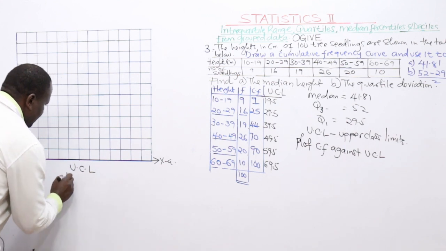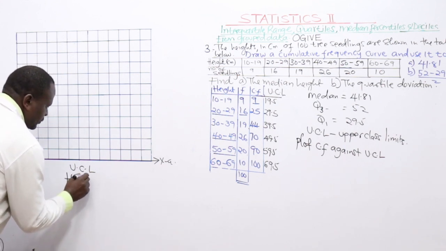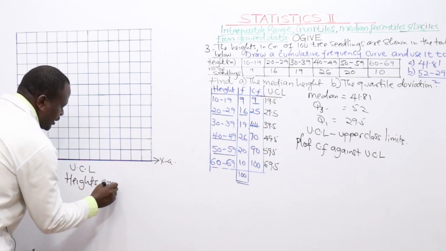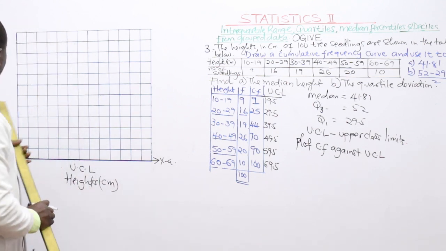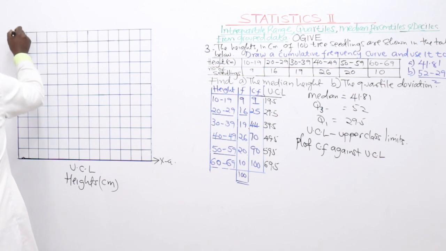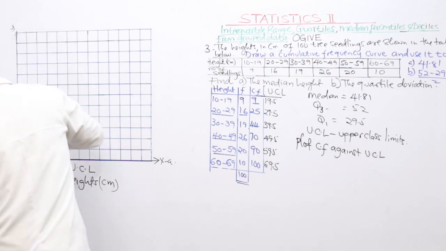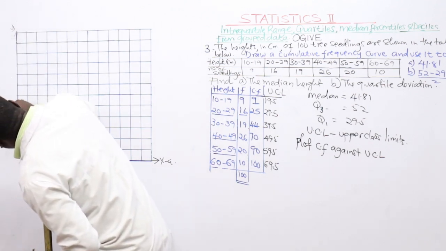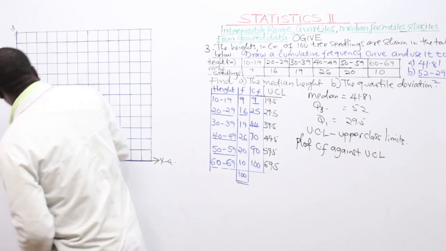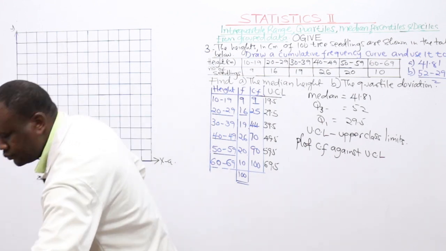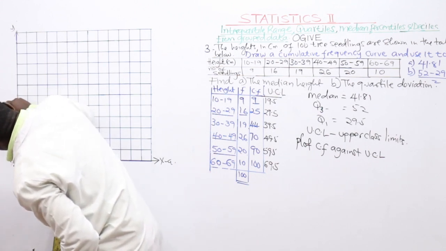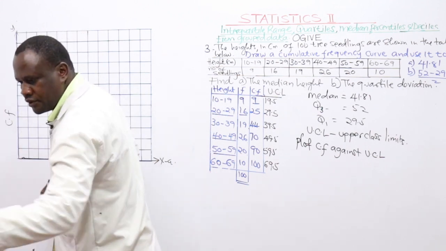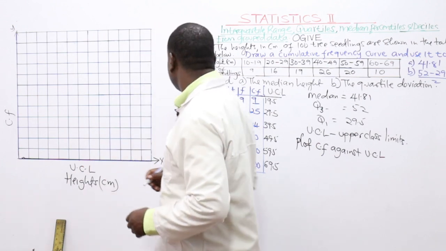These are the heights in centimeters. Then along the y-axis, you have the cumulative frequencies, which you can just write in short.